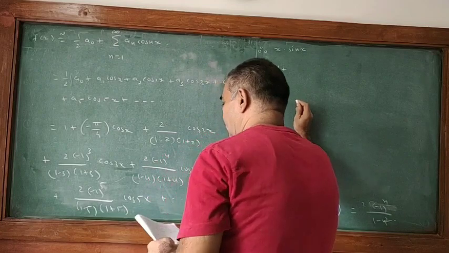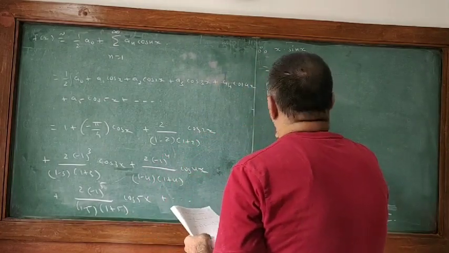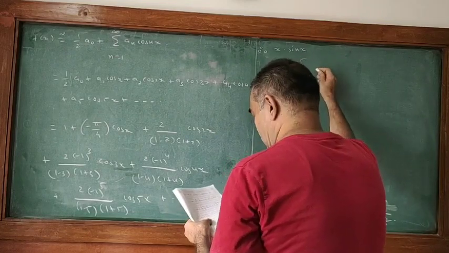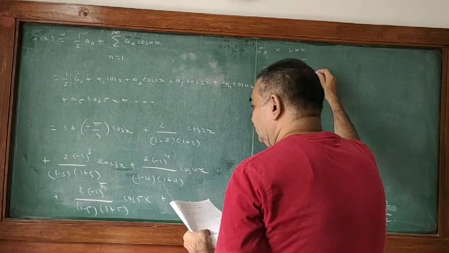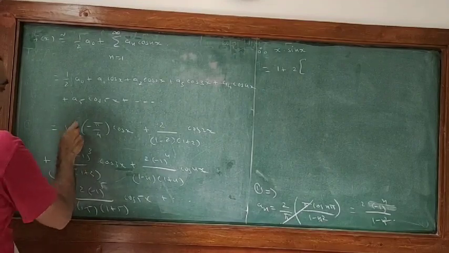1 plus 2, 1 minus pi by 4, 2 times. Okay. We have to multiply this, this is value of a1, but we have to divide it by 5.